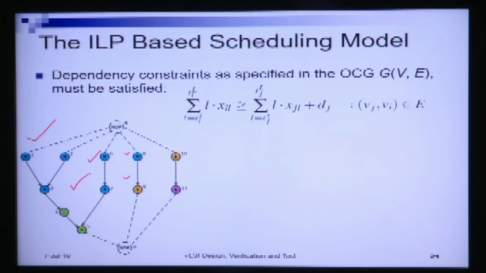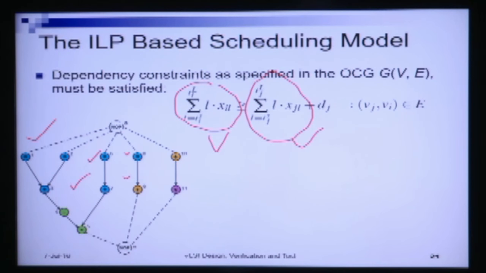So, how do we say that? As we said in the previous slide, this represents the start time of operation J. The left one indicates the start time of operation I, and this represents the start time of operation J. The start time of operation I should be after operation J starts and the whole propagation delay of the jth operation is also crossed.